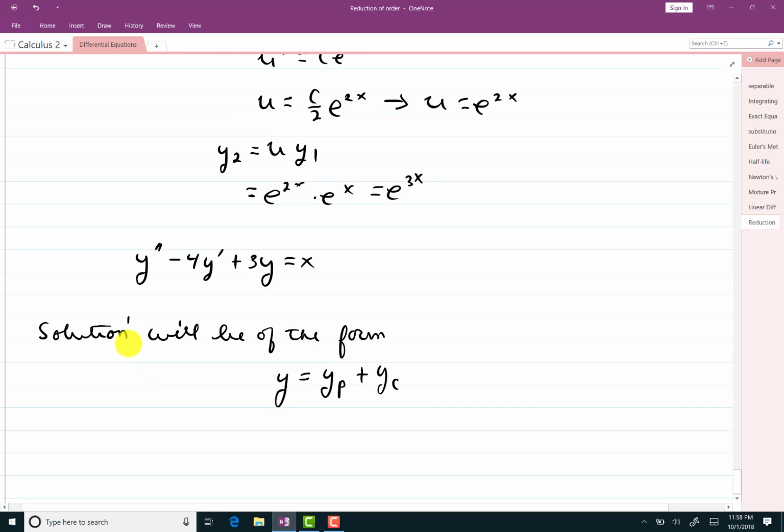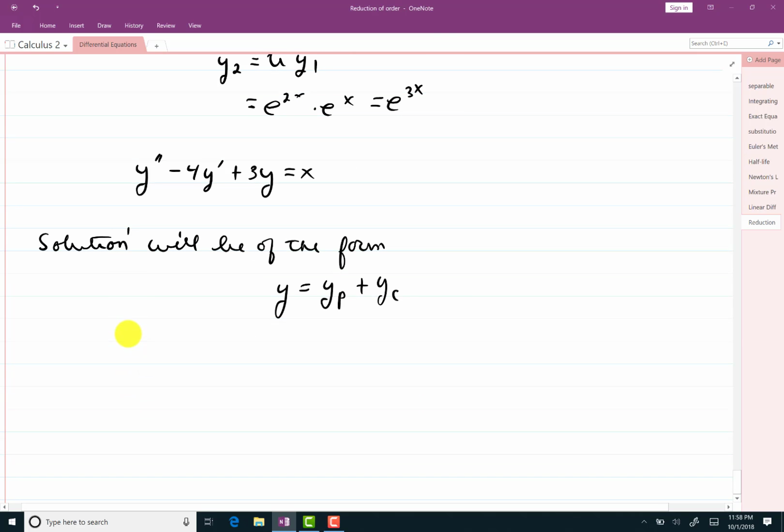Now the y sub c we found. Y sub c equals c1, and our y1 was e to the x, plus c2 e to the 3x. Our complementary solution, if you will. Y sub p is a particular solution.